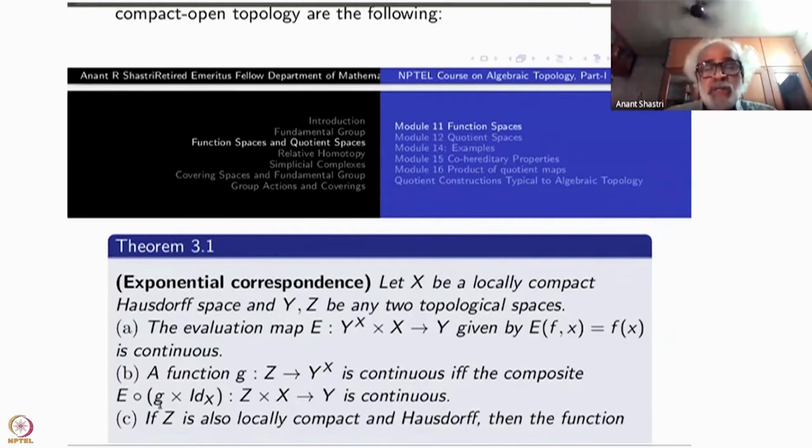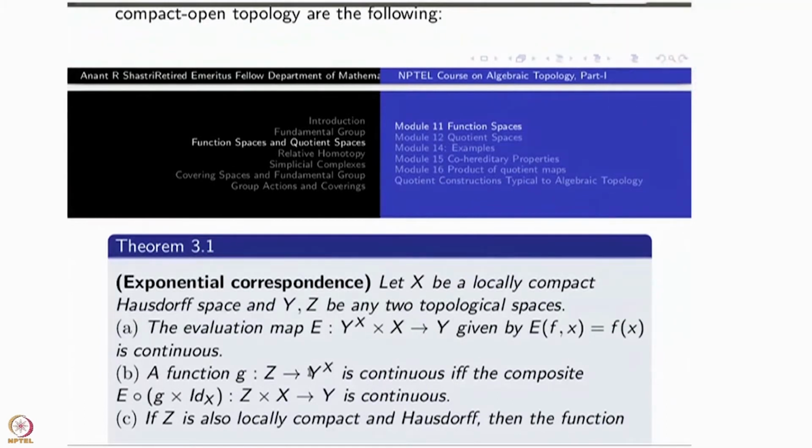If G is continuous, the product is continuous, composite is continuous, is easy. So what is important here is, if the composite is continuous, then G is continuous. This is the key thing which allowed the classical approach of saying parameterized family and so on. This was formalized here.